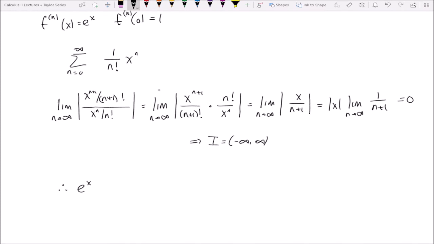So what we can say is that e to the x is equal to the summation n equals 0 to infinity of x to the n over n factorial for all x.